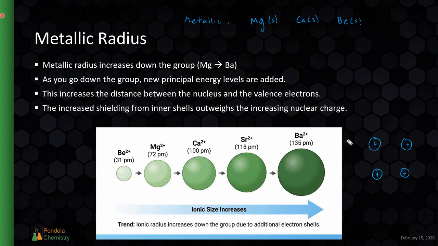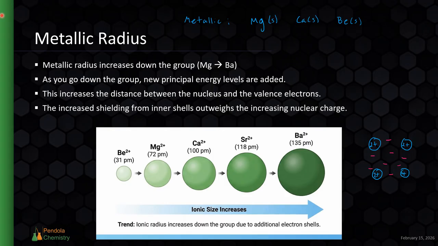So we have the positive cations of the metal, and all the electrons that those metals gave up are going to be found in between those cations. And because these are group 2 metals, they lose 2 electrons each, creating not just +1, but +2 ions. So whenever we have the metals by themselves, we're going to have the cations surrounded by a sea of electrons held together with metallic bonding.